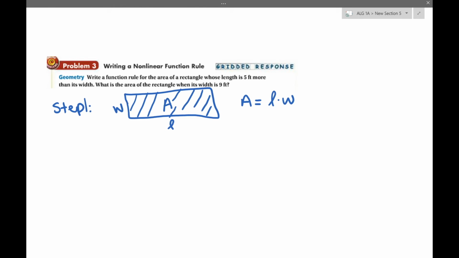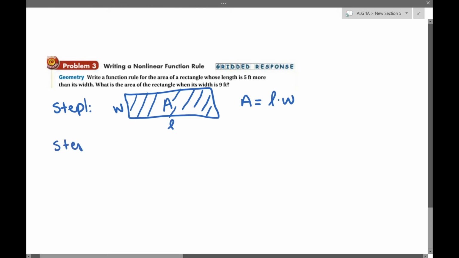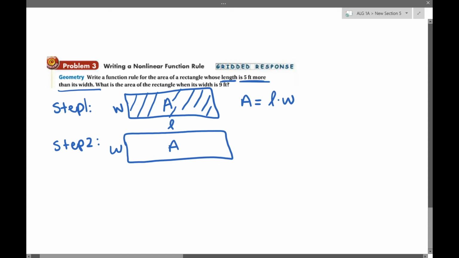Now it says, step 2, let's recreate what it's asking. So let's recreate a rectangle. My area is in the middle. My width is here, but the problem says write a function rule for the area of a rectangle whose length is 5 feet more than its width.